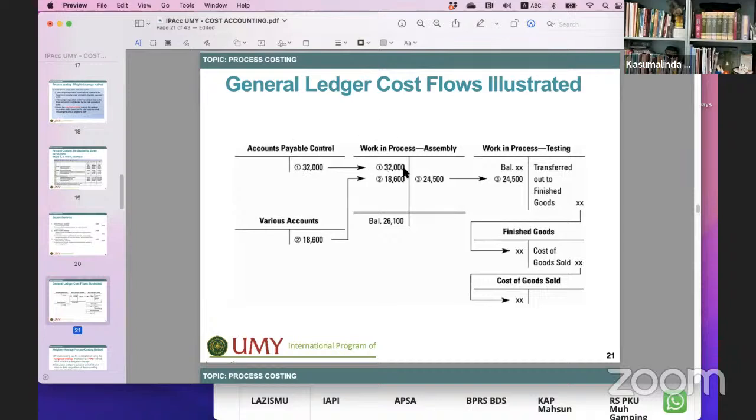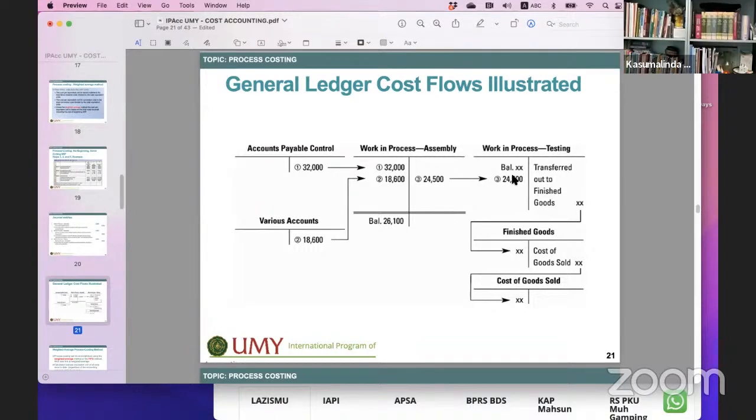Maksudnya once we used this raw materials, and this is the conversion cost, we combine it, the cost is accumulated in the debit side of work in process assembly account, and it is processed. Once the process is completed in the assembly department, it will be credited and go to the next department, which is testing, but also in work in process, in testing department. Okay, and inilah cost yang dia transfer masuk dalam testing department ni kita panggil transferred in cost.